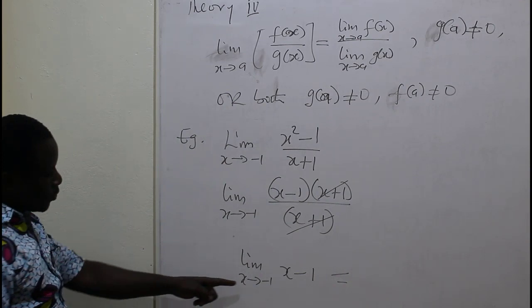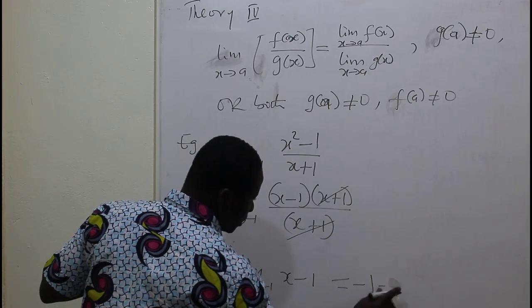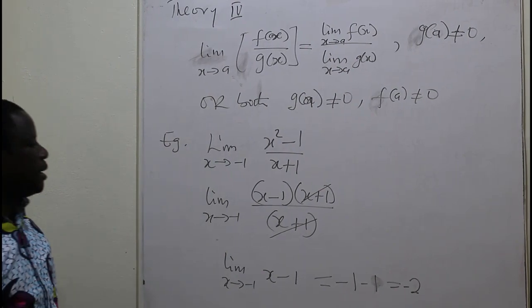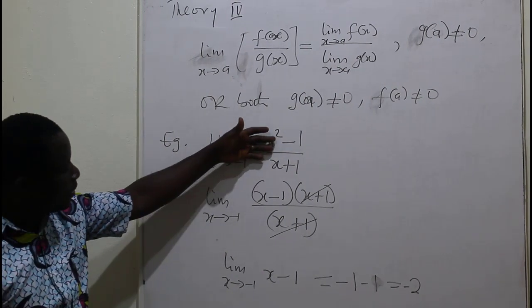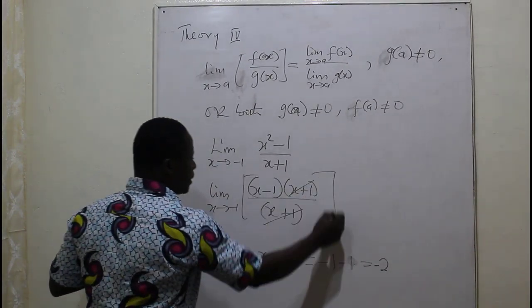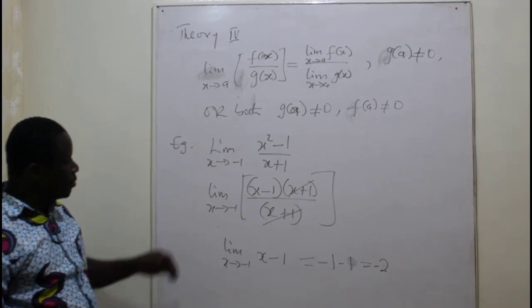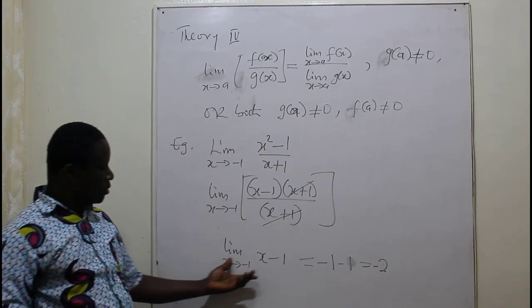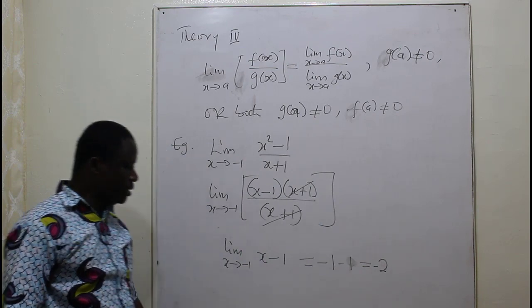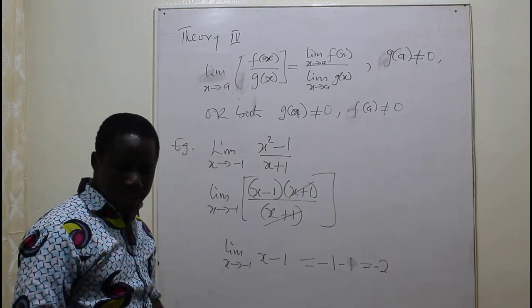As x approaches -1, the result is -1 minus 1, and the answer is -2. Please, as you simplify the function, don't forget to keep the limit. If you don't bring the limit, you'll be penalized. So always keep the limit until you evaluate it. After you have evaluated the limit, you forget about it and then you get the answer. Good. Let's try another example.